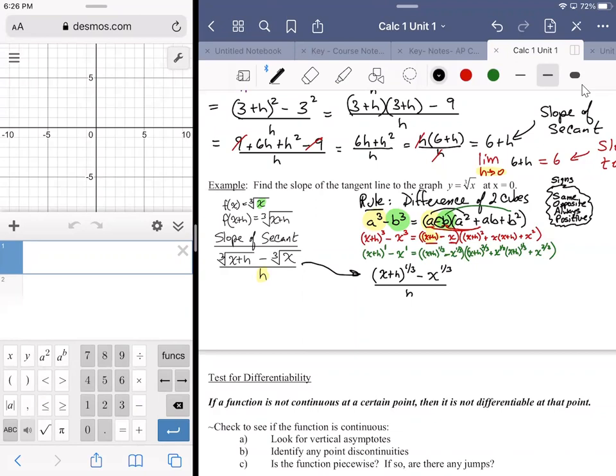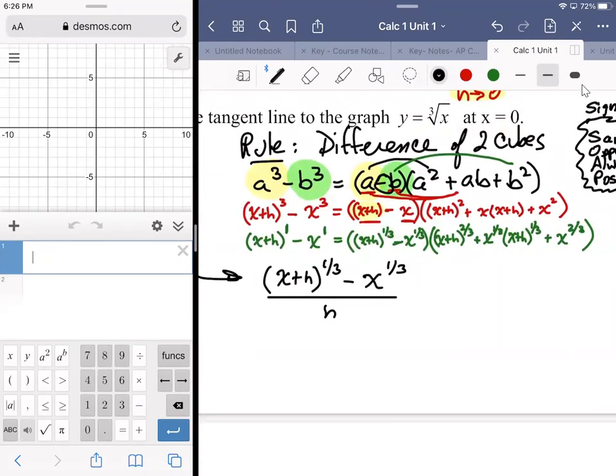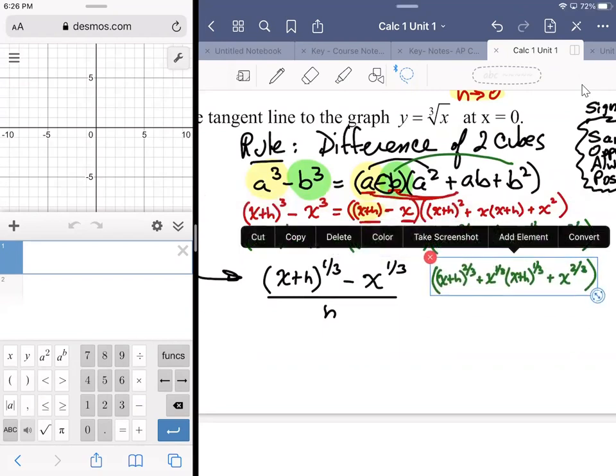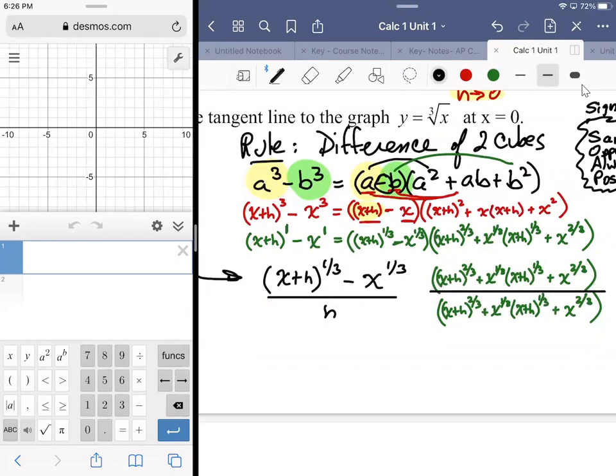What we're going to do is multiply the top and bottom of the fraction by that nasty expression.